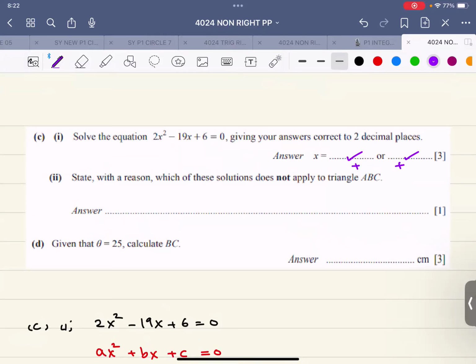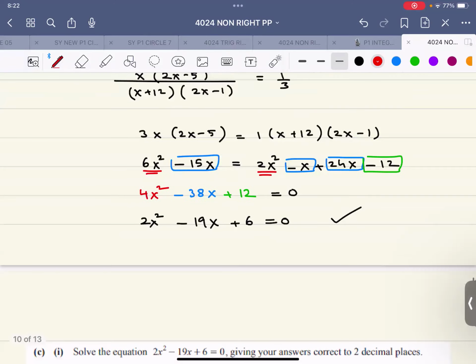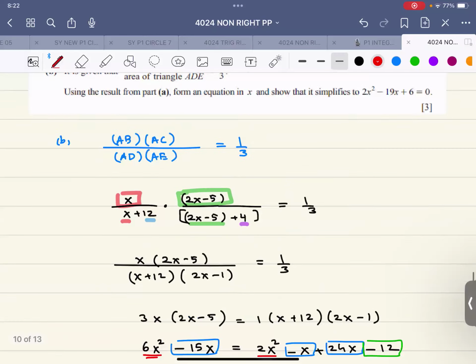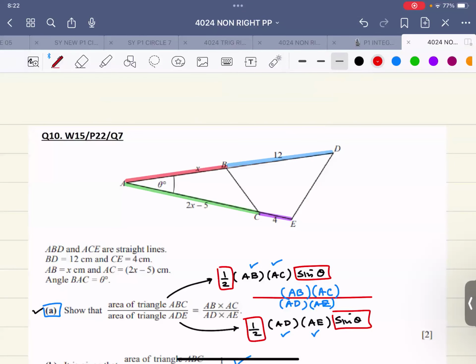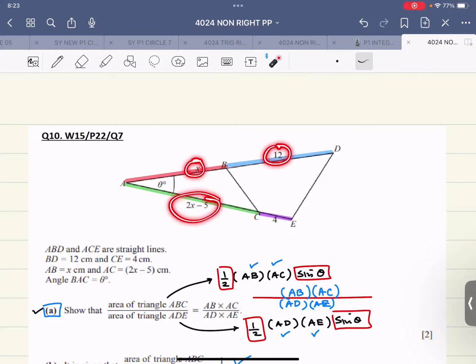That's a good question that they're asking. State with a reason which of these solutions does not apply to triangle ABC. Now let's look at this. Over here, this is x, this is 12, this is 2x minus 5, this is 4. Now x could be a decimal positive value, that's not an issue, but what about this 2x minus 5?